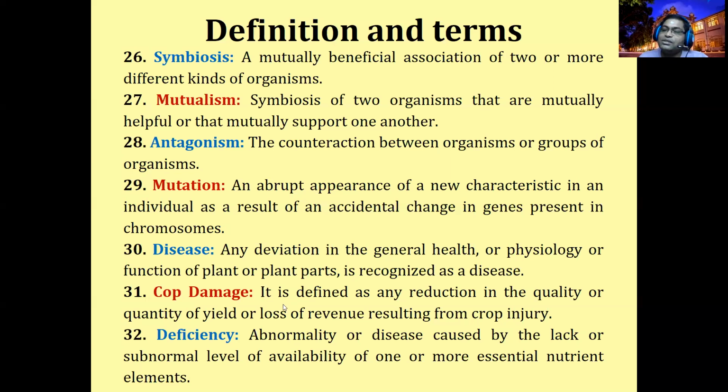And crop damage. Crop damage is not mentioned correctly there. Please change it, it's wrong. Crop damage is any reduction of the quality and the quantity of the yield, or the profit or revenue from the crop due to the pathogen or attack.